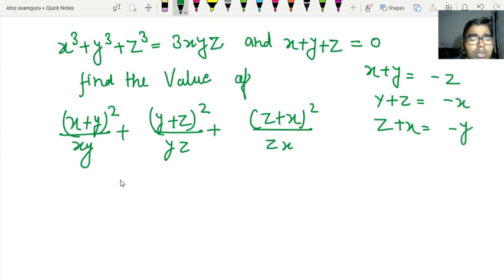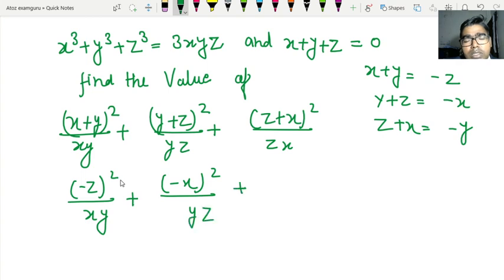Put all these values over here, right? So x plus y equal to minus z, it means minus z whole square upon xy, y plus z is minus x whole square divided by yz. Similarly, z plus x is minus y whole square upon zx, right?